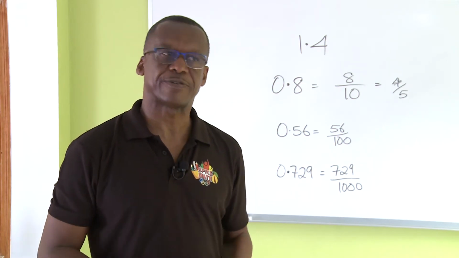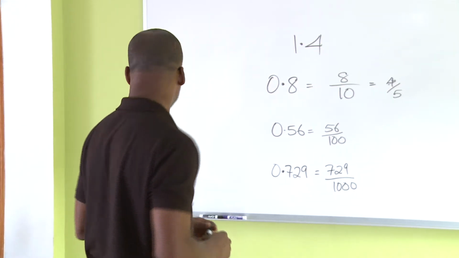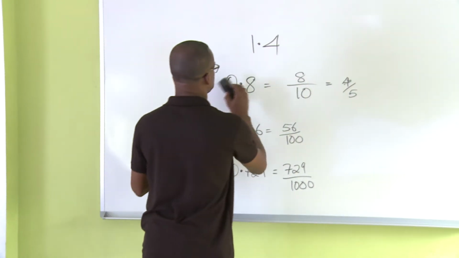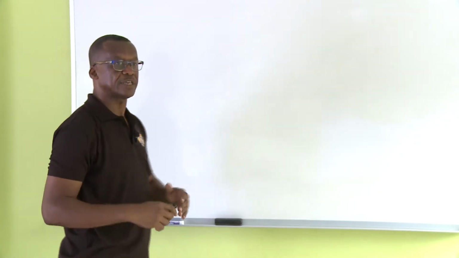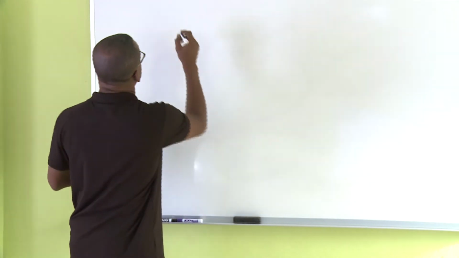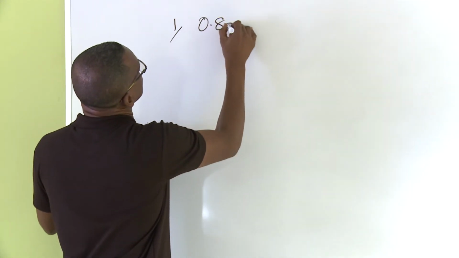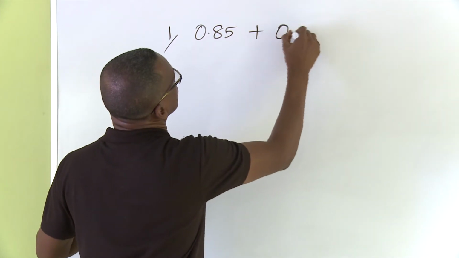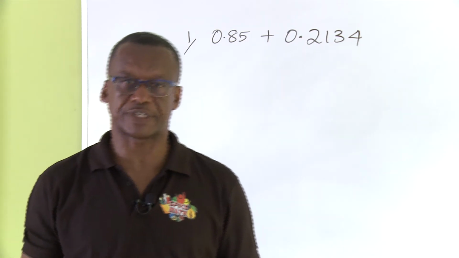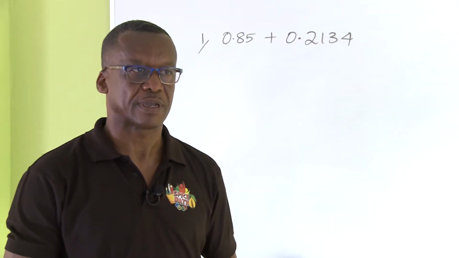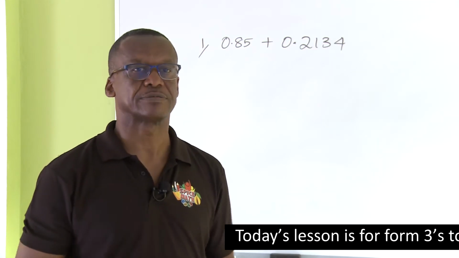Let's take it one step further. Let's suppose you wanted to add decimal fractions. What would be the steps for adding decimal fractions? Well, there are basically 2 steps. And those steps apply for both addition and subtraction.